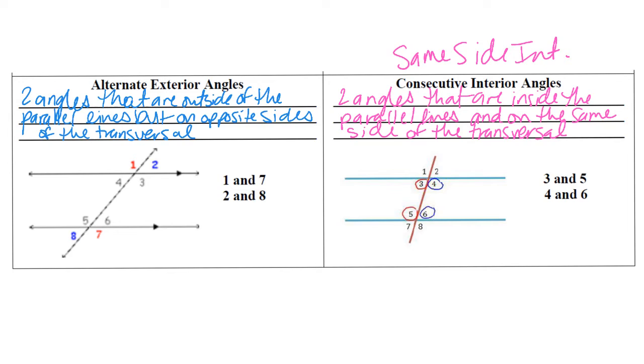Which they are supplementary, just so these are congruent, and these two angles are going to be supplementary, which means they add up to 180.